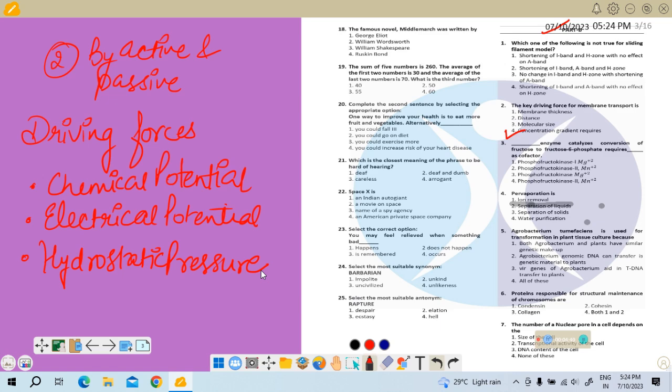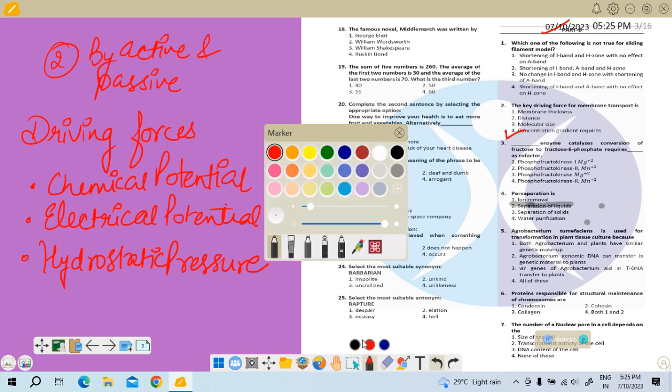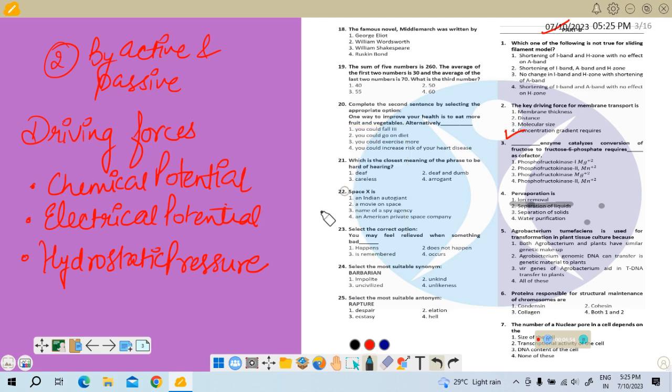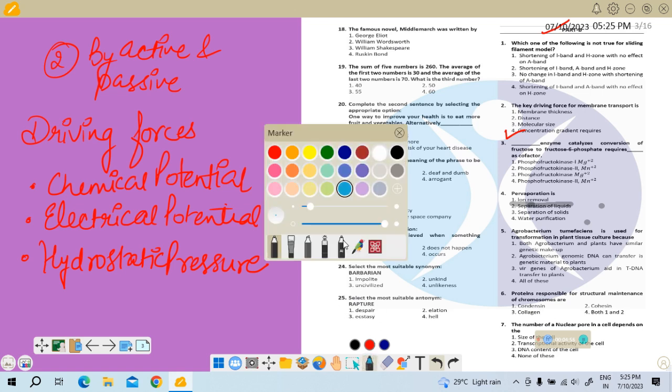Okay, coming to the third question: dash enzyme catalyzes conversion of fructose to fructose 6-phosphate, requires dash as cofactor. This is from glycolysis.